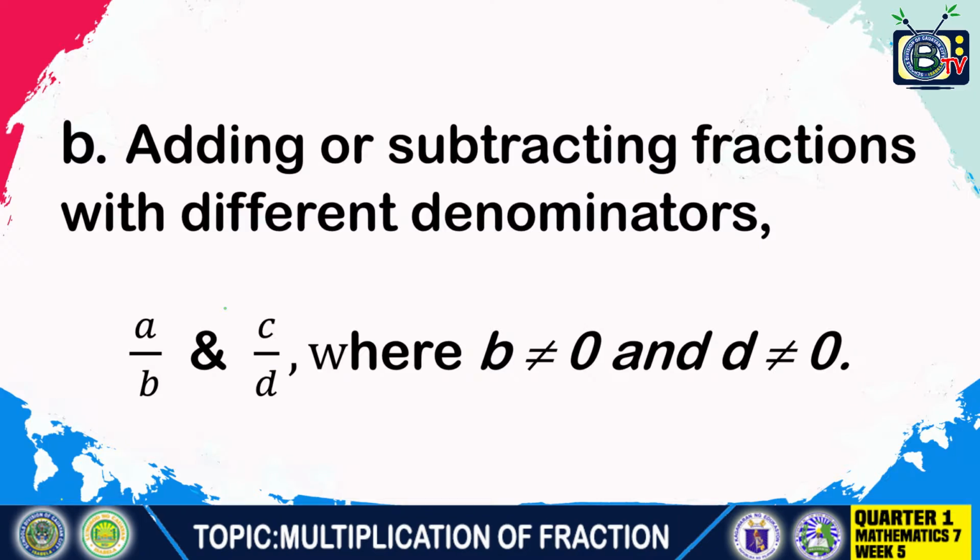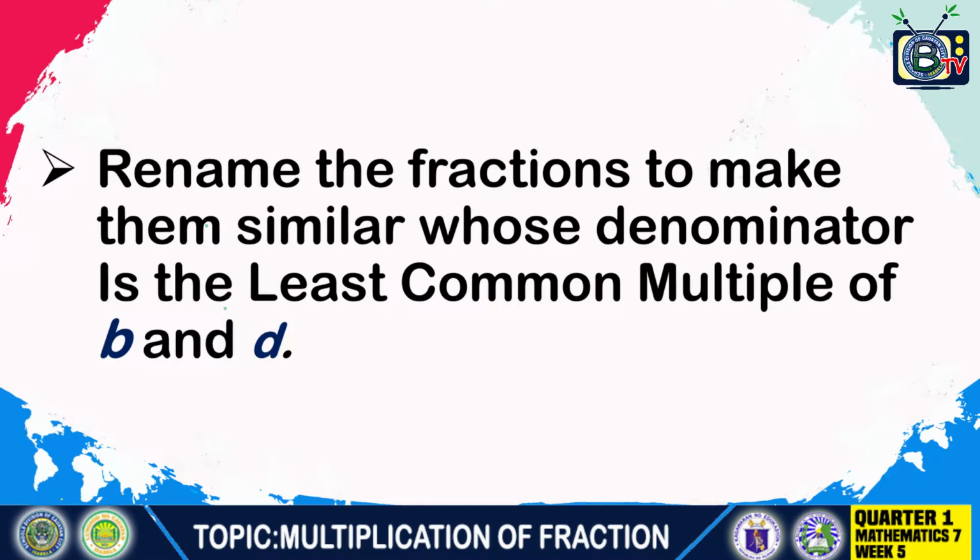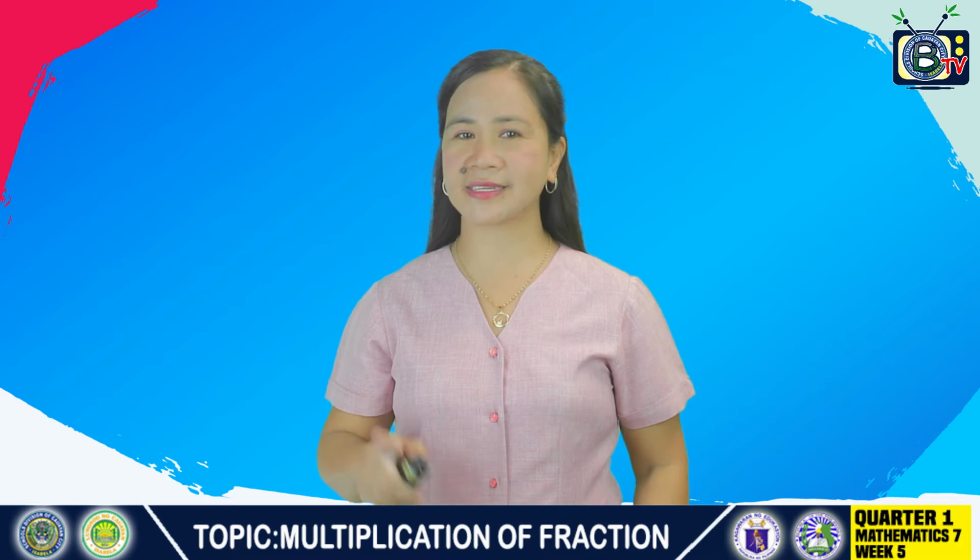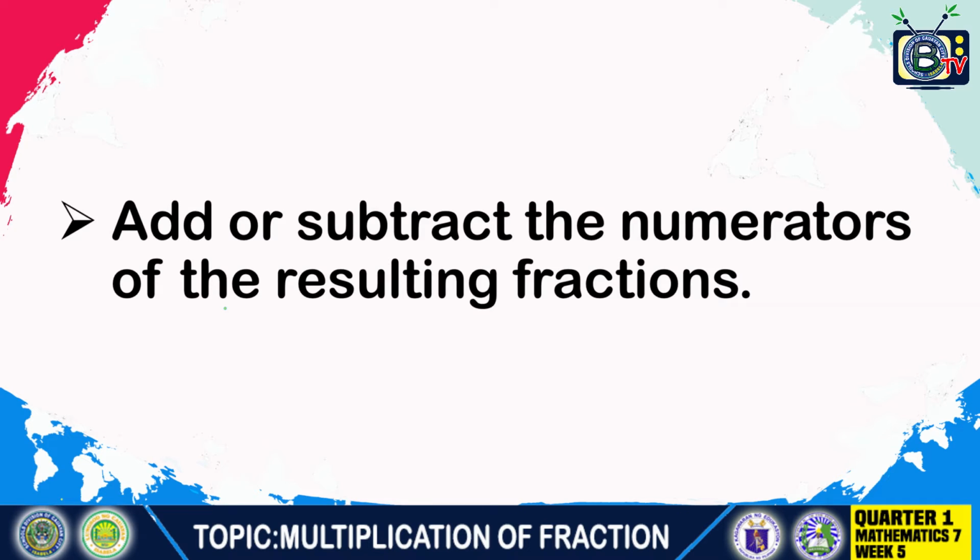Next, in adding or subtracting fractions with different denominators, A over B and C over D, where B is not equal to 0 and D is not equal to 0. First, rename the fractions to make them similar, whose denominator is the least common multiple of B and D. Next, add or subtract the numerators of the resulting fractions.